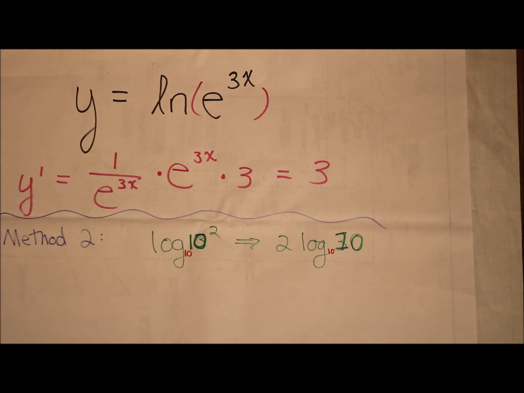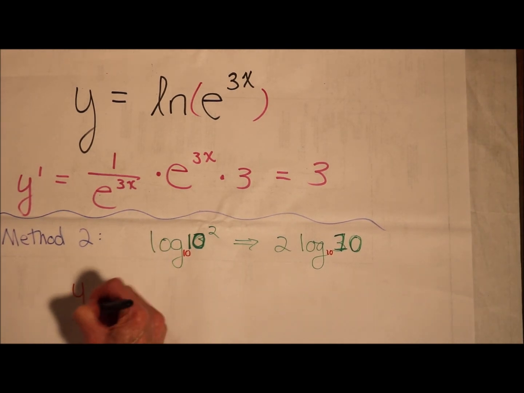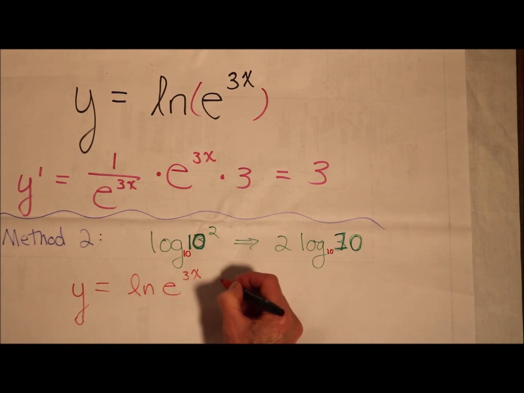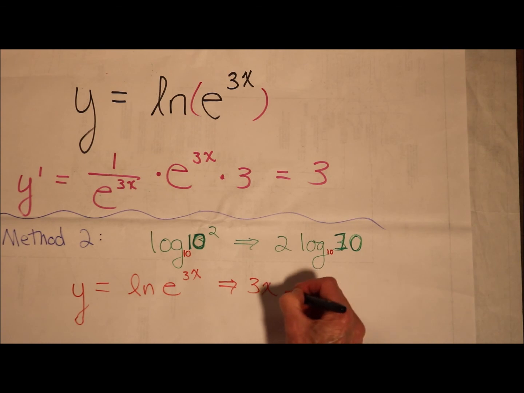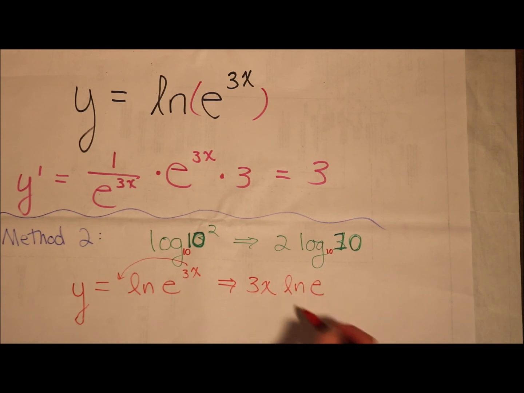What in the heck does that have to do with this? Well, what that means here, before I do this, I could rewrite this as 0.3x times the natural log of e. In other words, you can bring that exponent down. Well, what is the natural log of e?